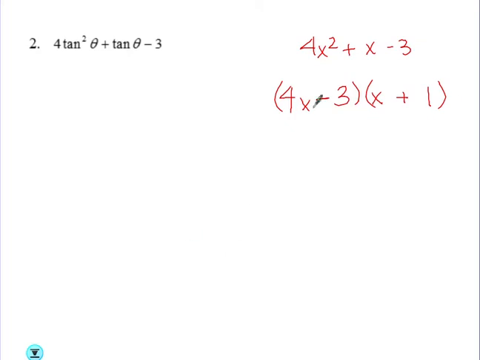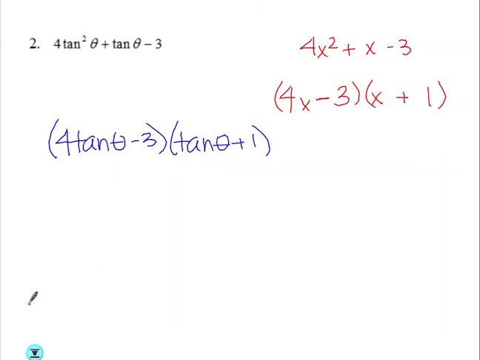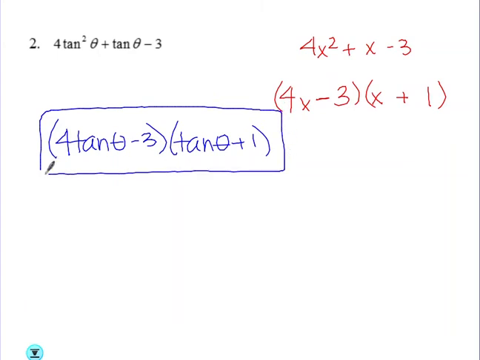But once you have this figured out, then you know your factors for our original trig function. Our factors will just be 4 tangent theta minus 3 and tangent theta plus 1. If you want to double check your work, you can always multiply the factors back out.